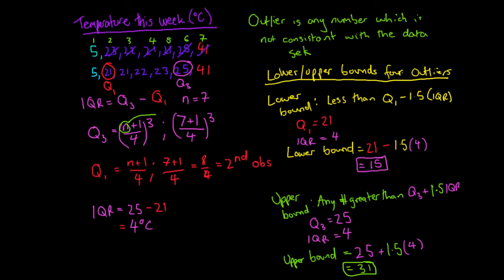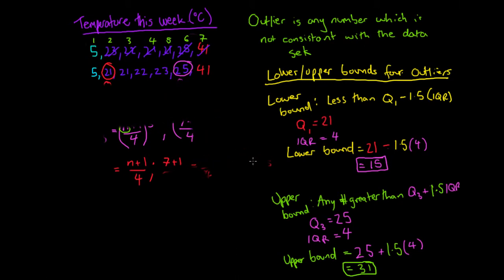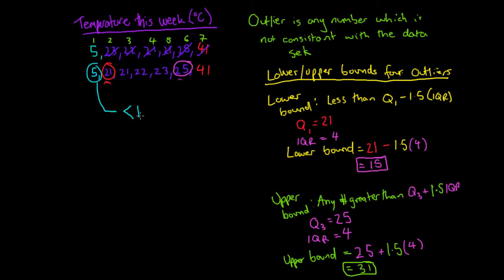So then all we need to do to work out outliers is go back to our data. We're looking for any number which is less than 15. It's probably easiest to look at our ordered set. And we can see straight away that this number 5 over here is less than 15, and this little symbol just means less than.